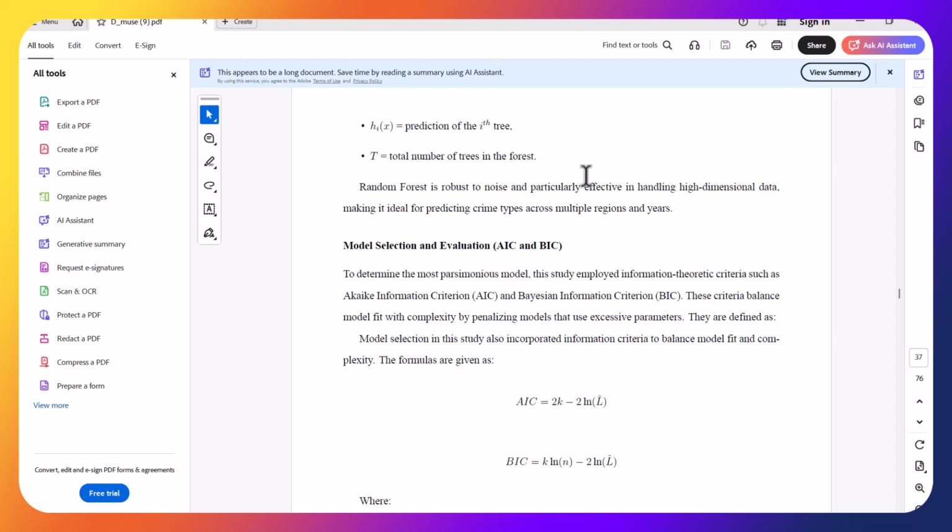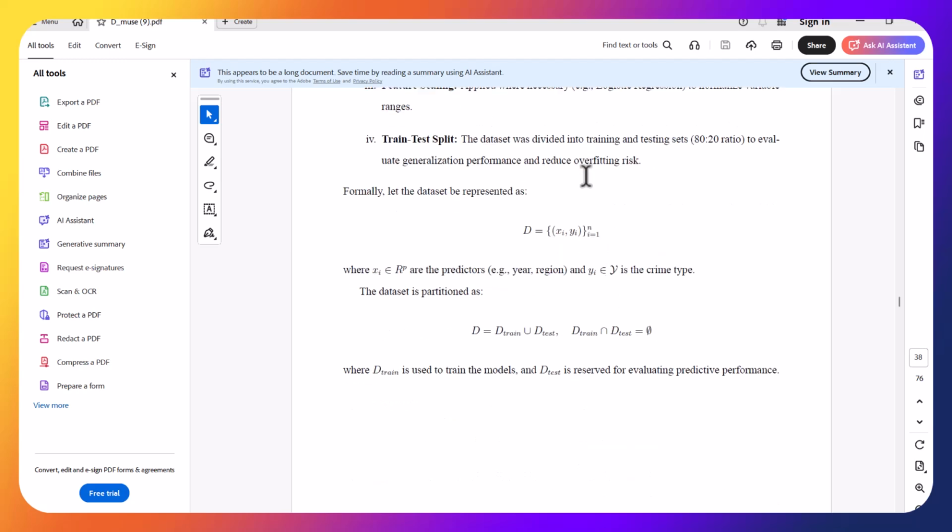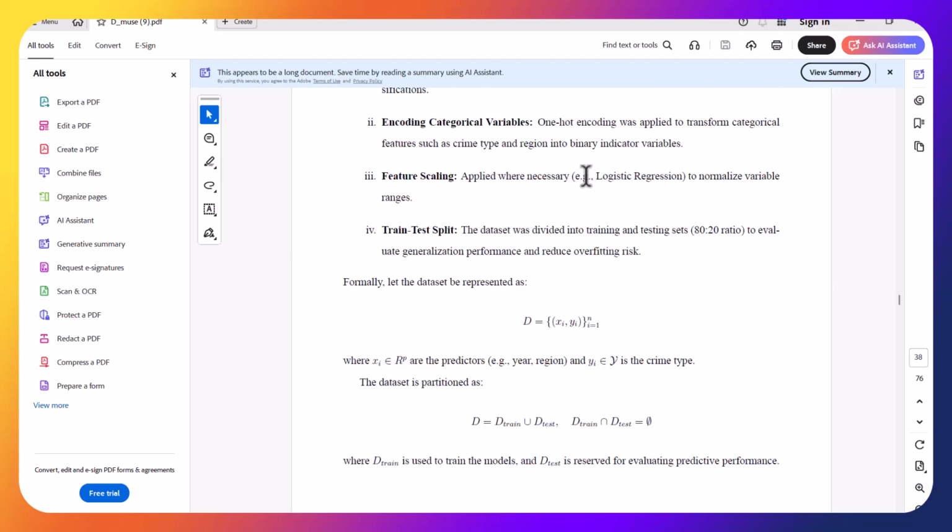They basically aim to arrive at the same conclusion. Then you also have the train and test split. Basically, it's always 80-20 or 70-30. So the majority of our data is used to train the model, while a small percentage is used to test the model.